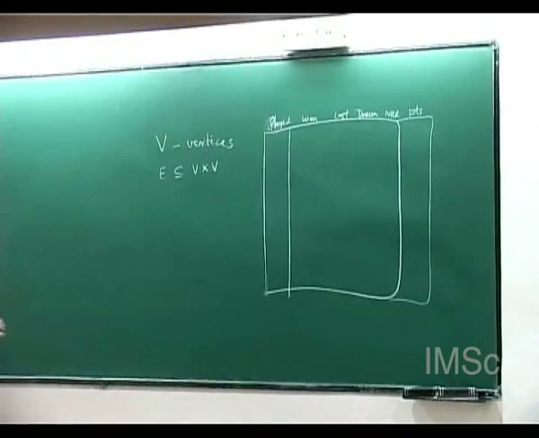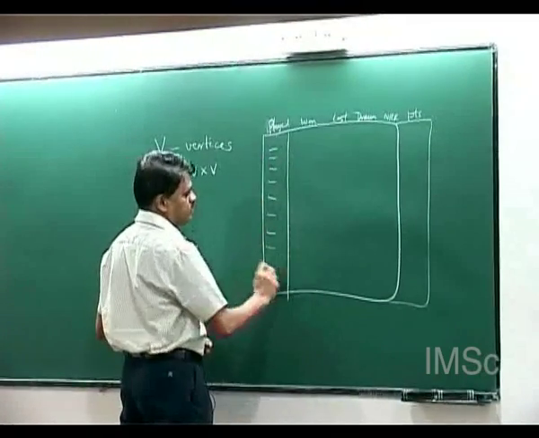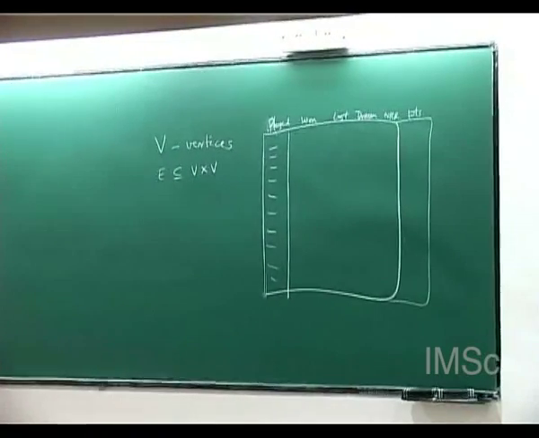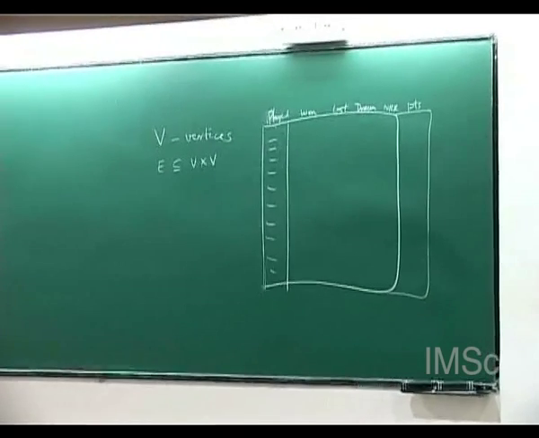The question I asked is this: if you look at this column, today for example, CSK has completed 16 games and everybody else has completed exactly 15 games.